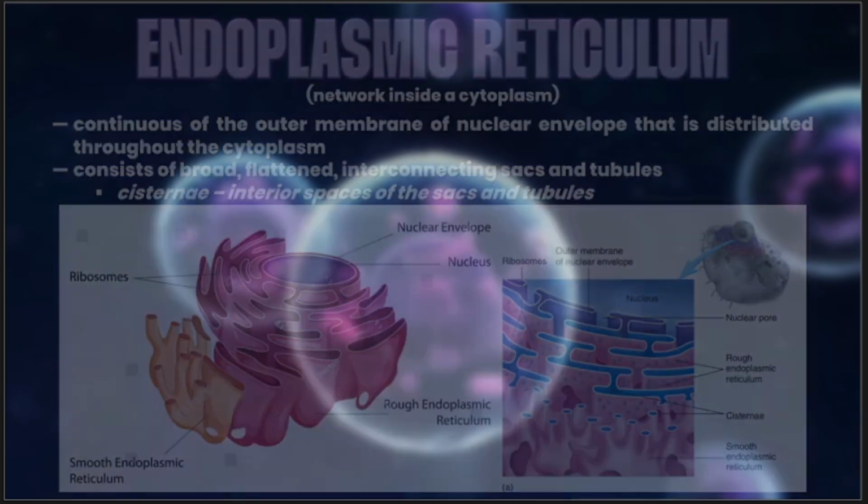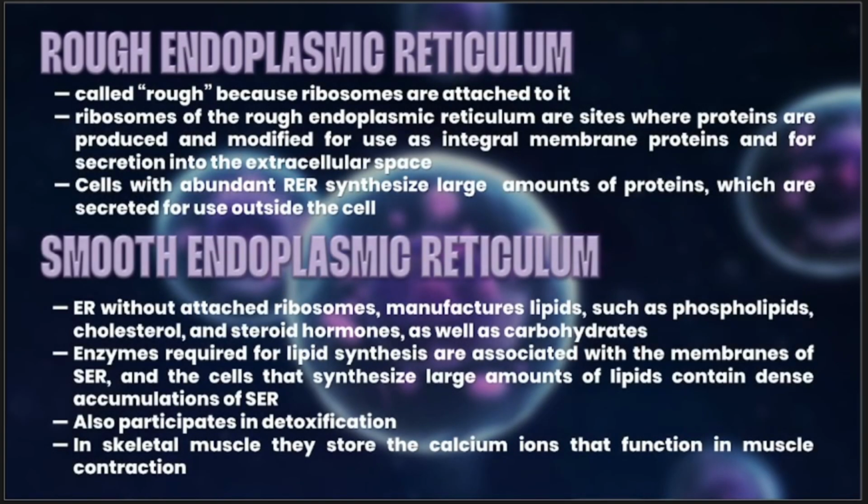Okay? And as we have mentioned, your ER has two types in which you have your RER or the rough ER, which consists of sac-like and parallel stacks of flattened cisternae. Again, it is studded with attached polyribosomes. And this attachment of your polyribosomes gives it its rough appearance. What are the functions of your RER?